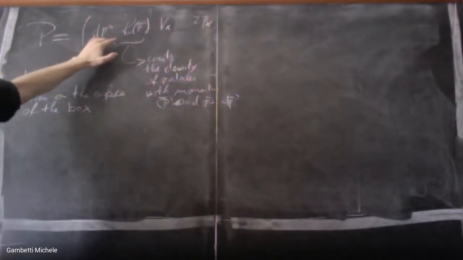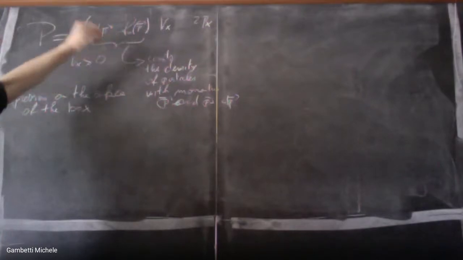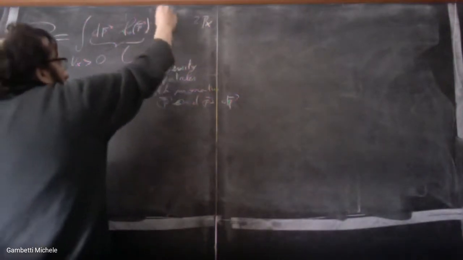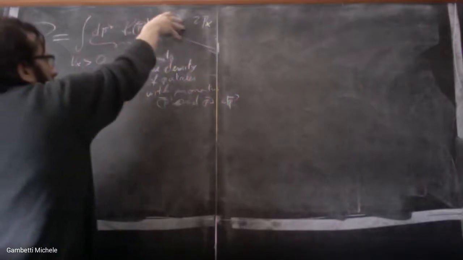And of course, this counts the density of particles with this specific momentum. And if you multiply this times Vx, then the product of this quantity times this quantity, of course, is a flux, right?